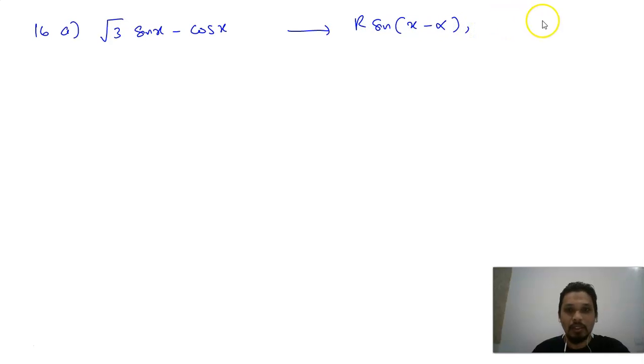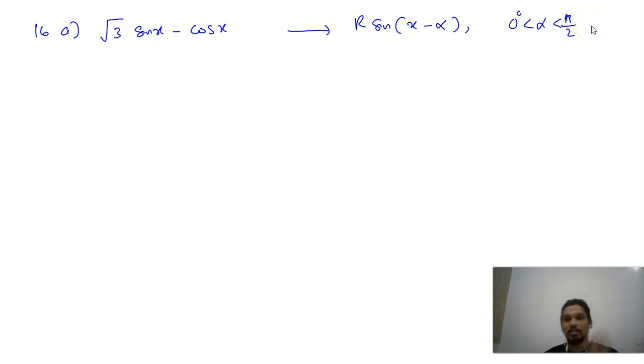Question 16a. Square root of 3 sine x minus cos x. So we're going to express it in the form of r sine x minus alpha, where alpha lies between 0 up to pi over 2.